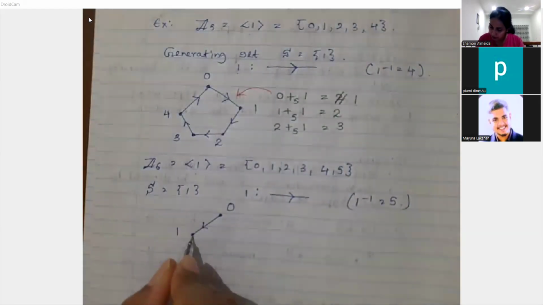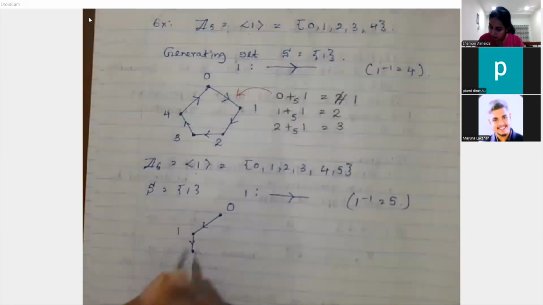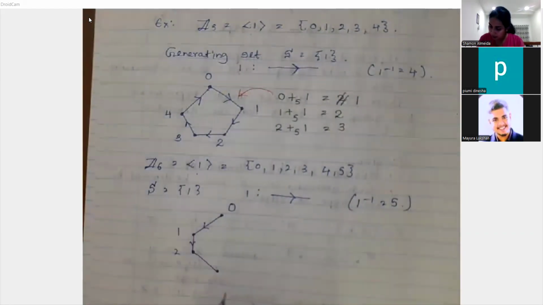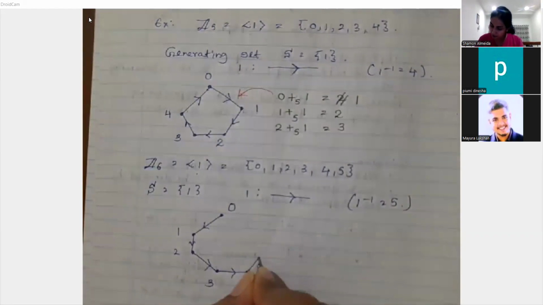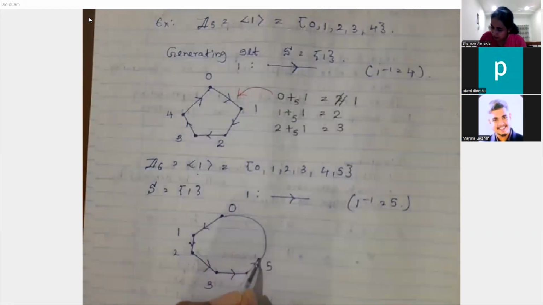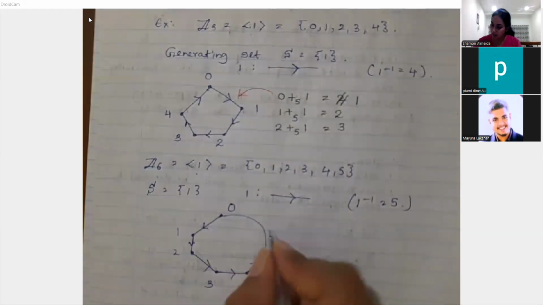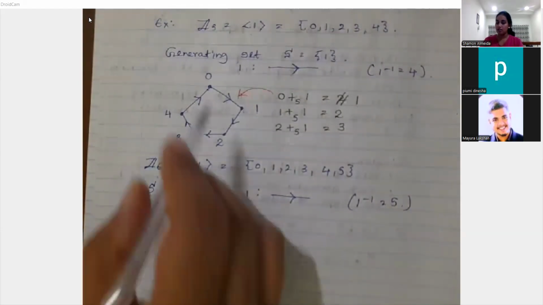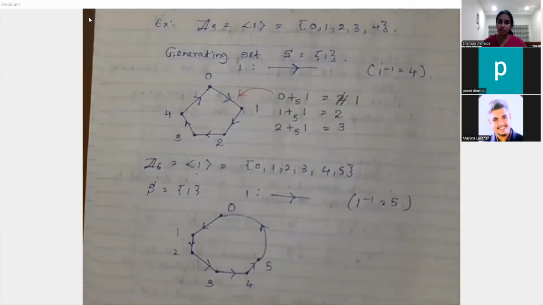We have 1, 2, 3, 4. Then we have, say, 5. And then we have 6. Here, this is a different representation. It doesn't have to be like a polygon, right? This is for Z6.